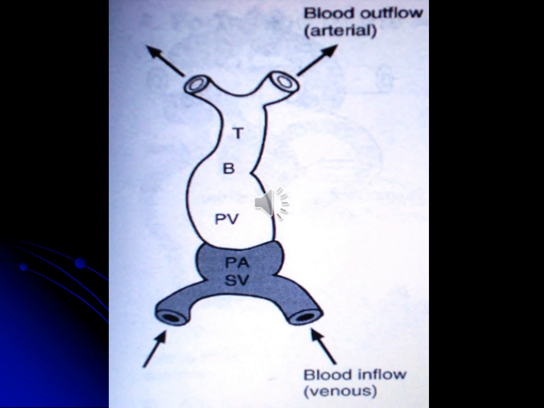At this juncture, you must remember that the sinus venosus, this chamber, along with the atrium, ventricle, bulbus and truncus arteriosus, are all in continuum. They are in communication with each other.